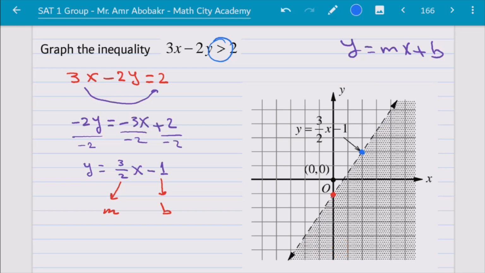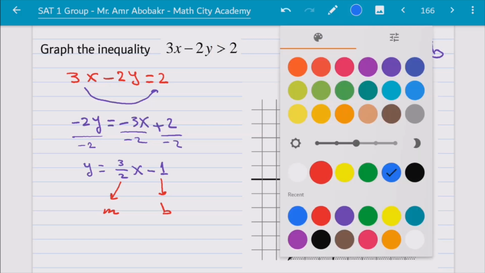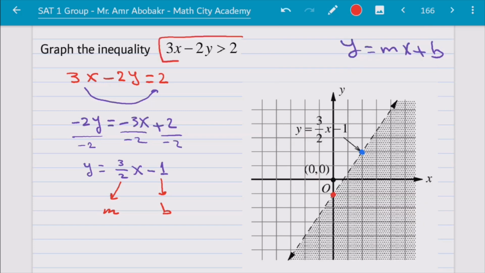The second problem, how can we shade or color the area, the area that is above or below, up or down? The easiest way is to make this inequality like y greater or smaller than, keeping y on the left-hand side and the other terms on the other side.